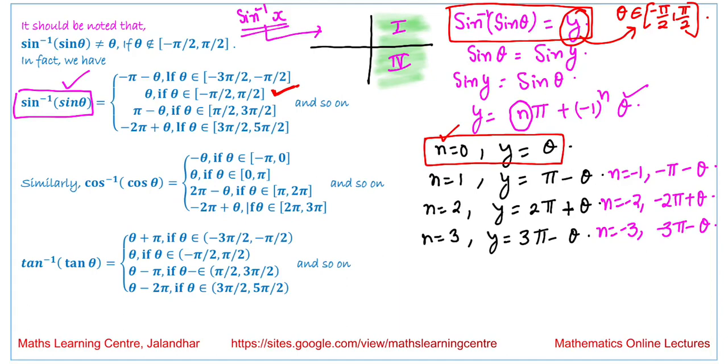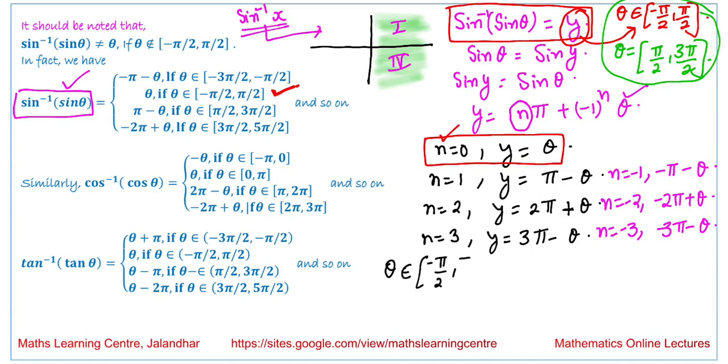Now suppose we are saying theta is in the interval pi by 2 to 3 pi by 2. If we look at both these values, actually we have theta belongs to minus pi by 2 to pi by 2, we require the answers in this interval.